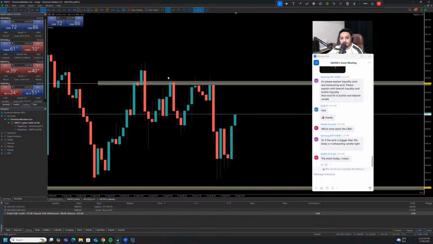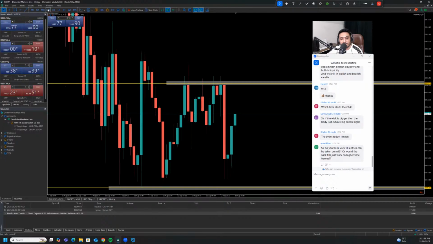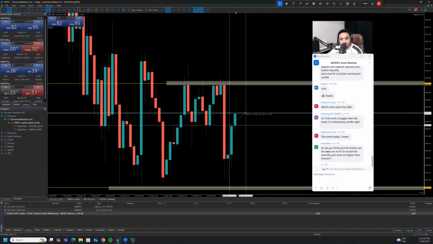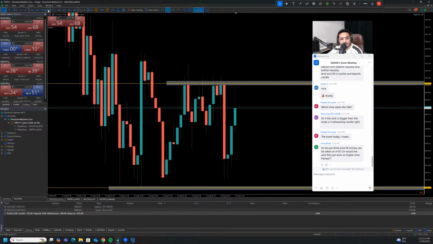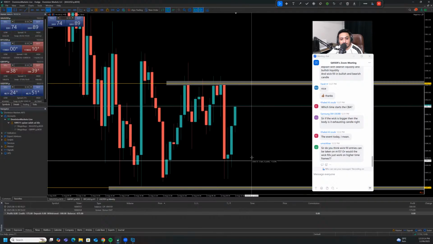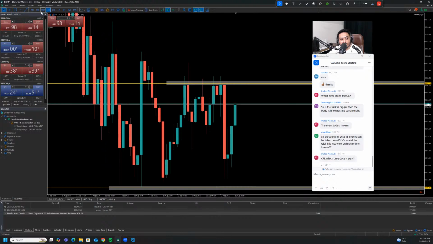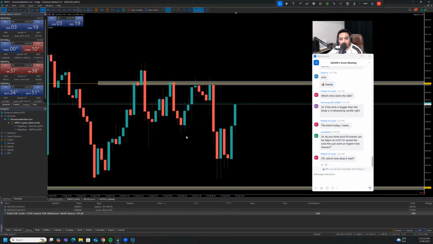Okay, it's showing volume now. Again, the candle doesn't have an upper wick, but I don't want to give my trade a chance here. So now it's pushing to the upside, showing volume in it.